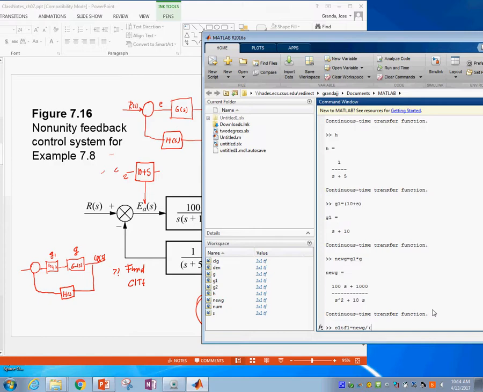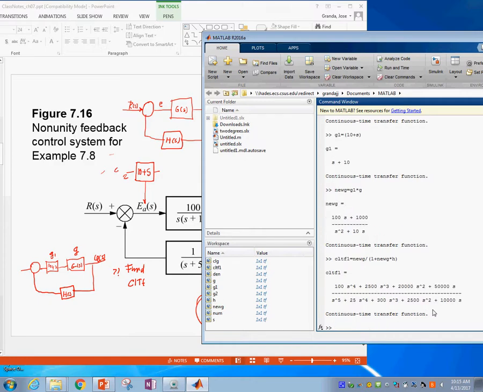Don't lose track of what you're doing. 1 plus GH, but G is new G multiplied by, we defined it, was it H? Yeah, H. And lo and behold, in one sweep step, I have a new closed loop transfer function, including the control system there.